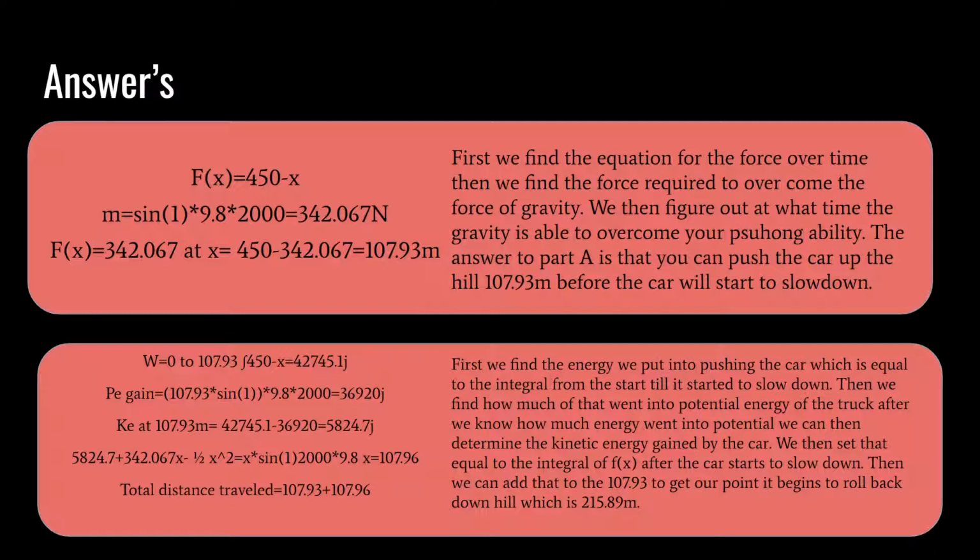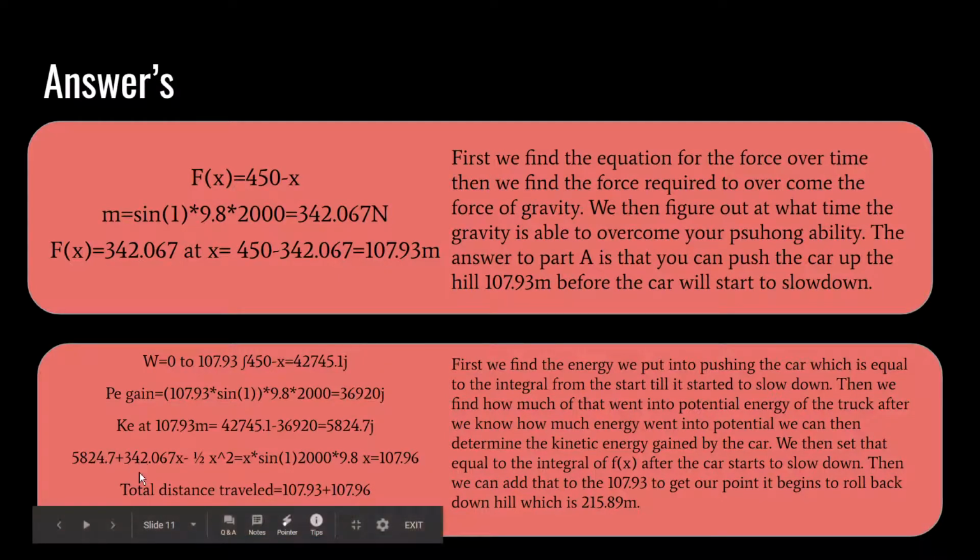We then set that equal to the integral of f of x. After the car starts to slow down, we can add that to get our point before it rolls down the hill, which is 215.89 meters. You can see the math over here.